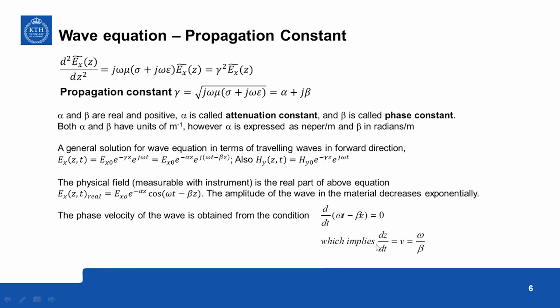From this, if you differentiate both terms with respect to time, we get dz by dt, which is the phase velocity v, equal to omega by beta. Beta is the phase constant. This need not be the speed of light, because it depends upon the property of the medium. In vacuum, of course, this would be the speed of light.